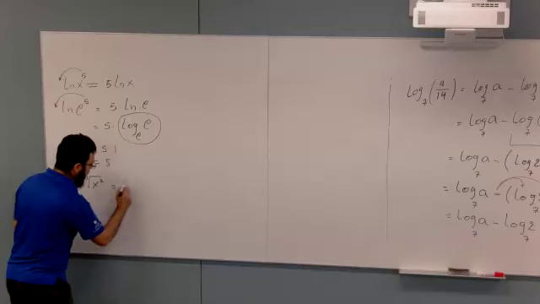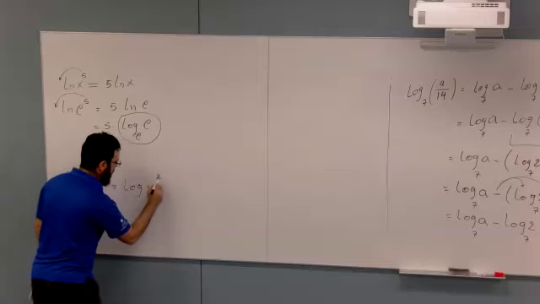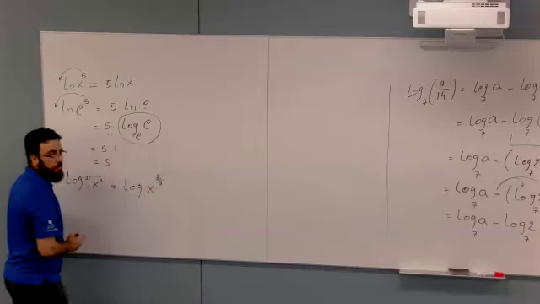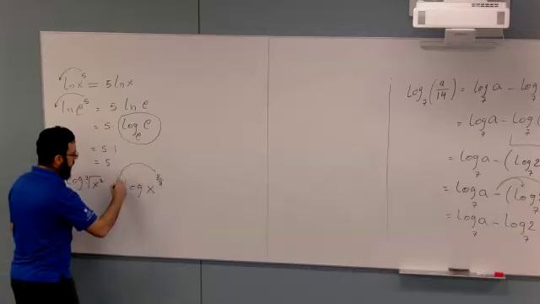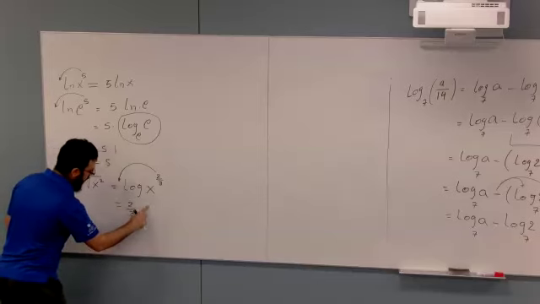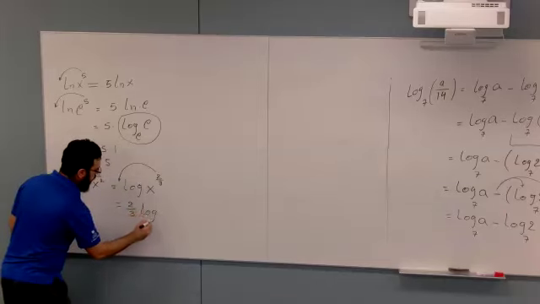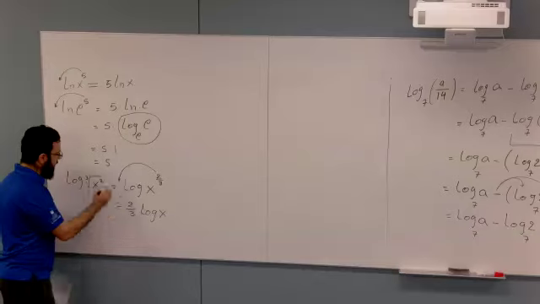Yes, because this one is the same thing: log x with the exponent converted to a rational number is going to be 2/3. Now move the exponent in front. So it's going to be 2/3 log x, and the base is 10.